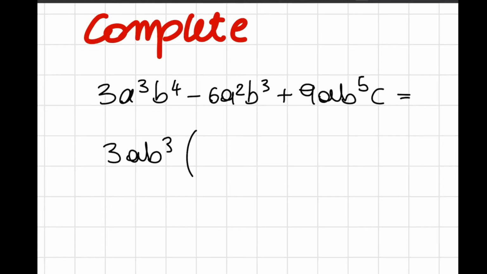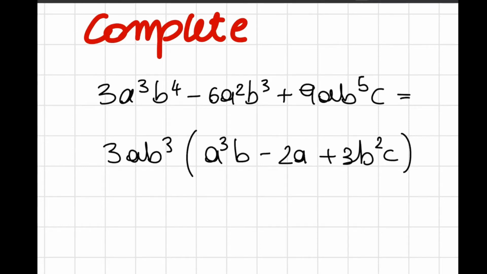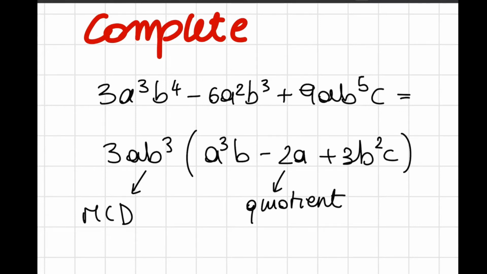And if we divide the whole thing by 3ab cubed, we would get a cubed b minus 2a plus 3b squared c. So this is our maximum common divisor, and this is our quotient. Okay, so that is how the complete factorization works. And we say it's complete because you end up with a product.